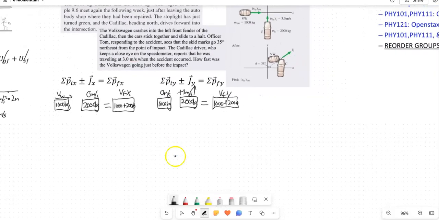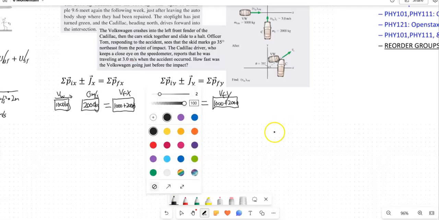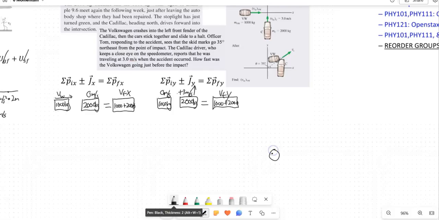Now, after they hit, they're going to hit right here, and we're going to write 3,000 kilograms. Anyways, this is both objects combined together.